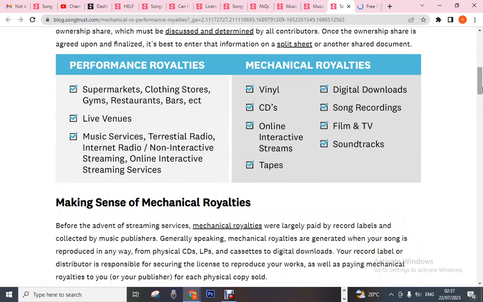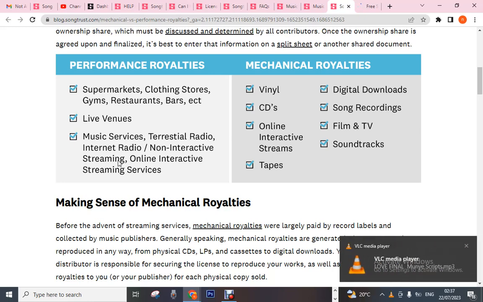So when we talk of performance royalties, there are supermarkets, clothing stores, gyms, restaurants, bars. These are royalties you get from these people. Live venues, music services, terrestrial radio, internet radio, non-interactive streaming, online interactive streaming services.